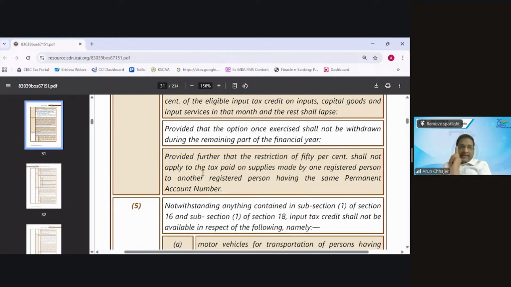Therefore, you have given the correct answer: even though that particular car or expenditure is used for business, ITC is not allowed.